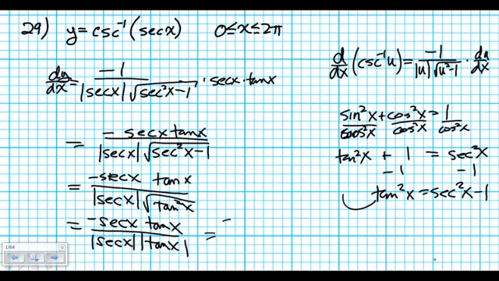Well, tangent equals sine over cosine, and secant equals 1 over cosine. So I get 1 over cosine times sine over cosine on top, all over the absolute value of 1 over cosine times the absolute value of sine over cosine. And then the cosines go down, and that goes up.